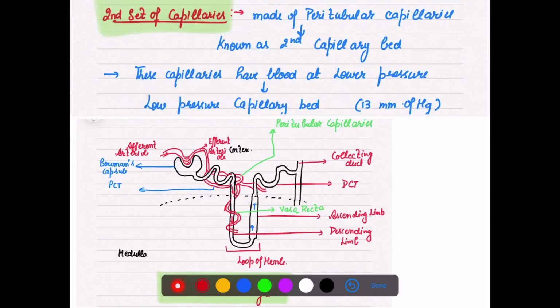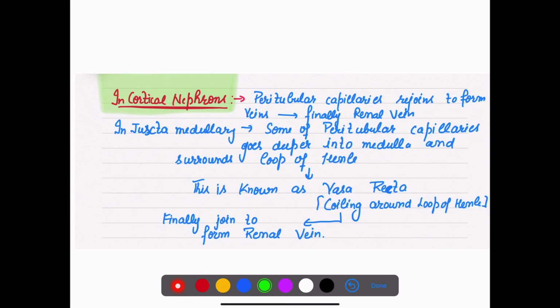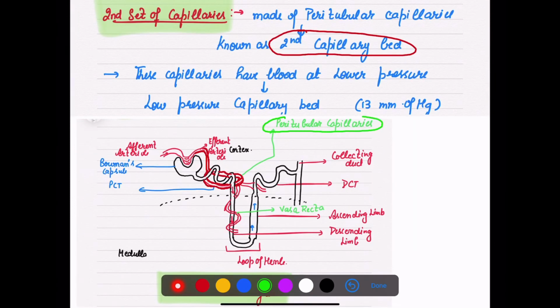Next, from this efferent arteriole, it further branches out and it covers our renal tubular portion. It covers our PCT first, right? It covers our PCT. So this is our second bed of capillaries, and this second capillary bed is known as peritubular capillaries.